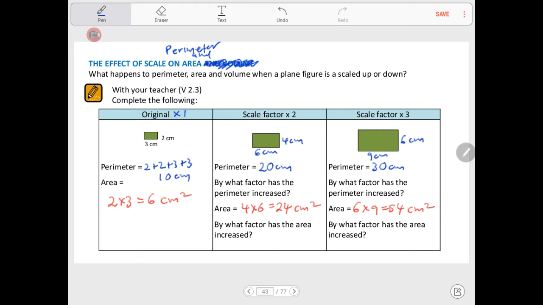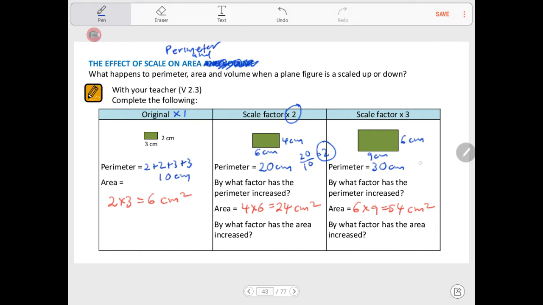When we go up by 2, what happens? All right, let's see the perimeter, 20 divided by the original, 2. Oh, that looks familiar. There it is there, 2. So the factor that the perimeter is increased by is the same as the scale factor.